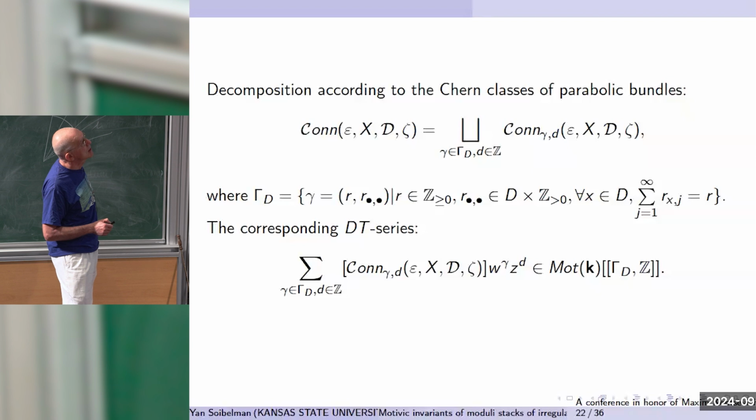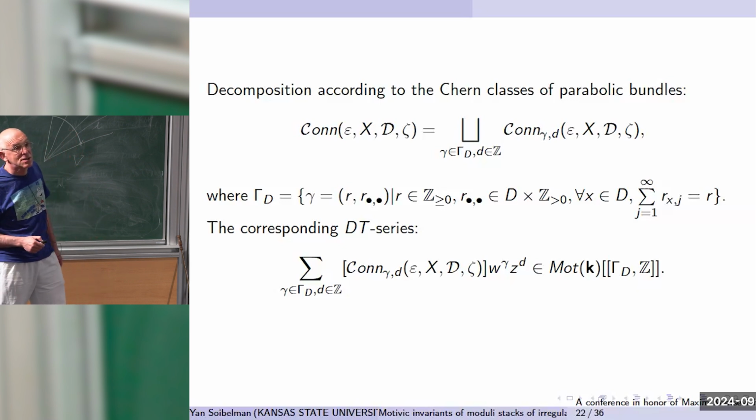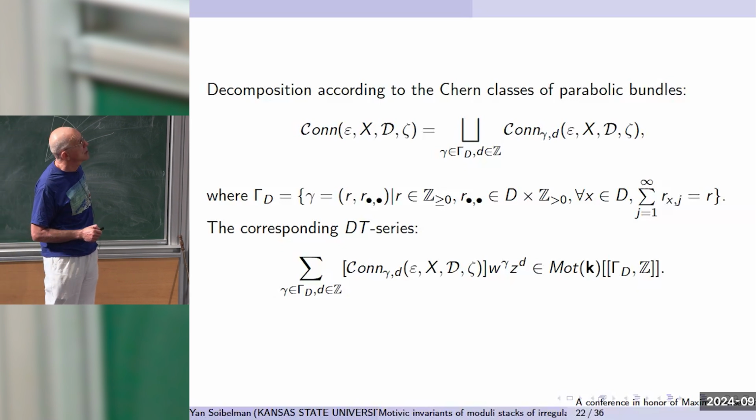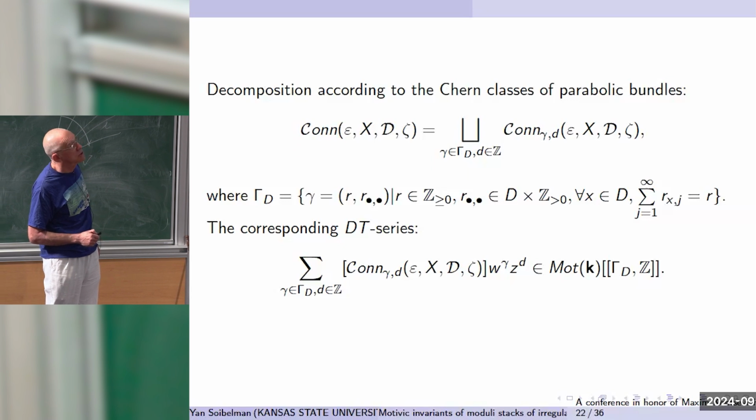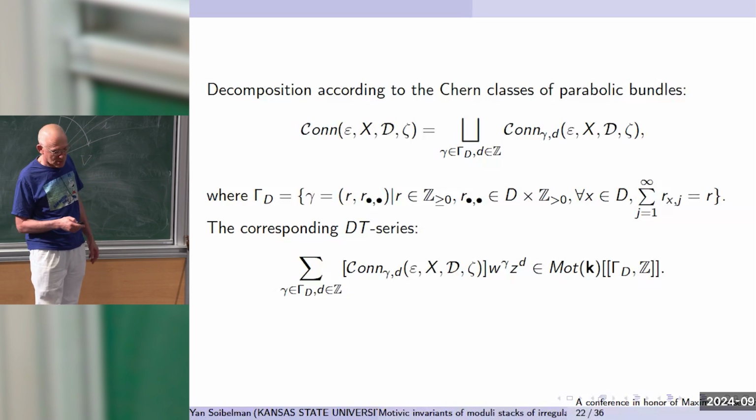So that's the decomposition which I already mentioned over the Chern classes. So it's a pair of rank and a collection of jumps of flags, and D I separated as a degree. So then this is the corresponding Donaldson-Thomas series, and we want to compute it, or rather individual coefficients. This is the first thing.